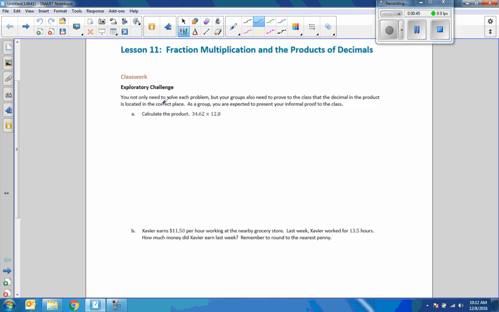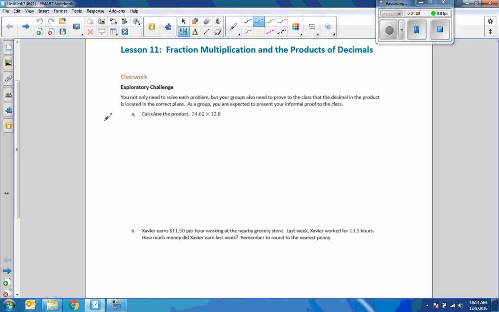Okay, so you not only need to solve each problem, but your groups also need to prove to the class that the decimal in the product is located in the correct place. As a group, you are expected to present your informal proof to the class. Whatever group you're in, there should be 5 of them. Wherever you're sitting, just create a group.